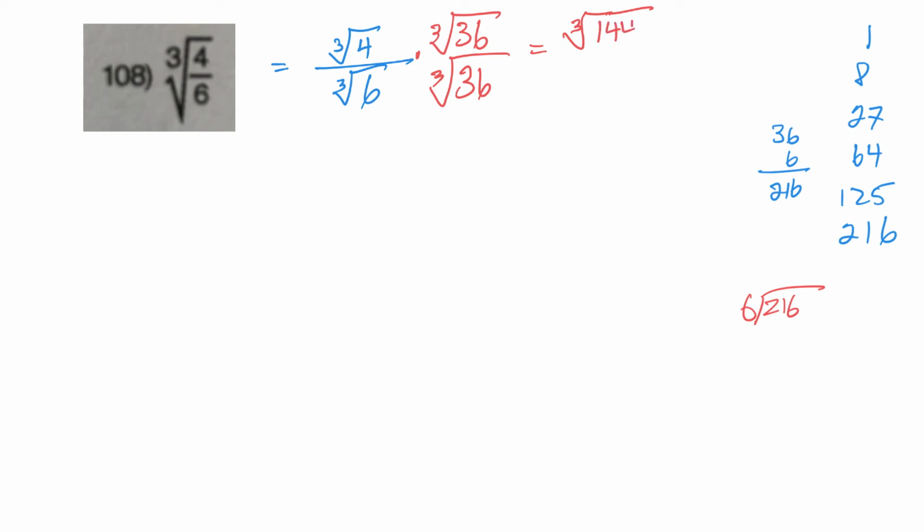I think 144. All over the cube root of 216. 6 times 36 is 216. Cube root of 216 is just plain old 6. Good. Now cube root of 144, I might be able to simplify that.